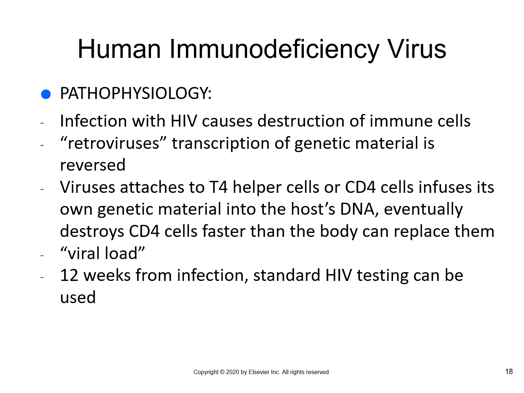Okay, pathophysiology. What is this virus doing to the body? We did talk about the T4 cells, which are also called the CD4 cells. What this virus does is, for example, this is your CD4 or T4 cell, and this is your virus now, attaching itself.